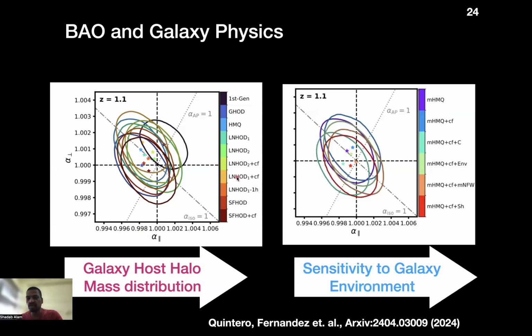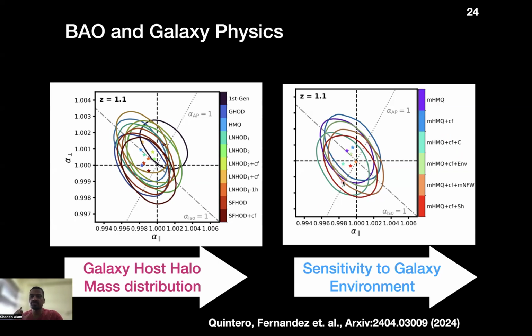Now, if you include the environmental effects, the sensitivity to environment, let's say I create models with various environmental dependence, guided by what I showed you in terms of the strength of the effects as well as what kind of effects are seen in the data, then again you get a scatter of roughly 0.2%.